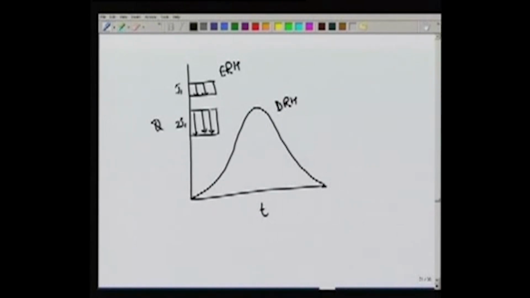So the principle of linearity says that the direct runoff hydrograph because of the second rain with intensity 2I1, the ordinate of that hydrograph will be exactly twice the ordinate of the first one.